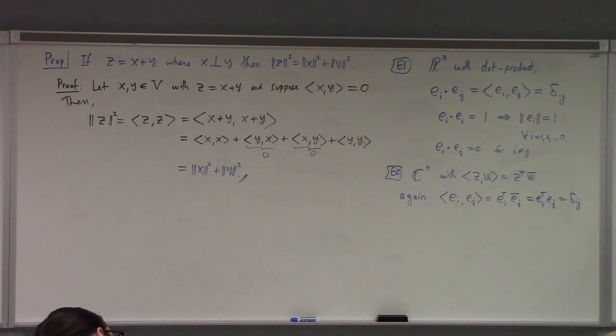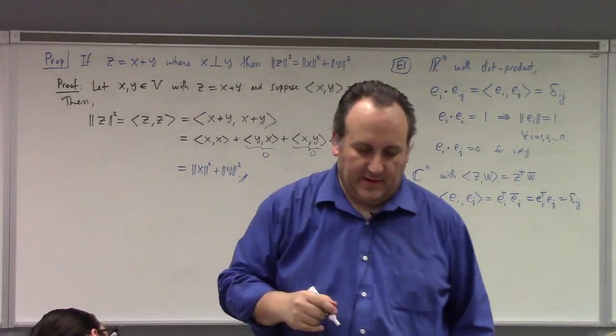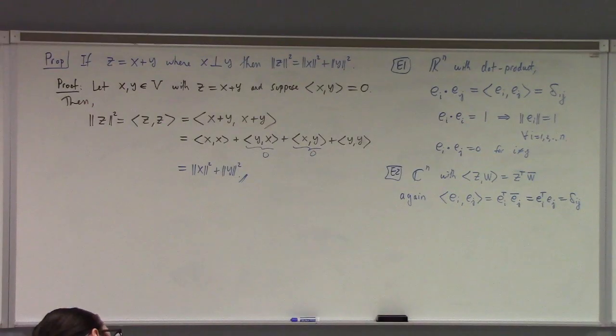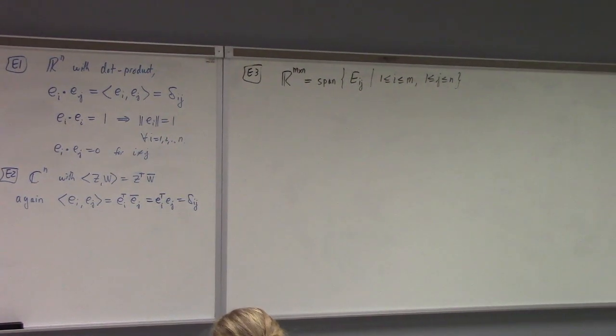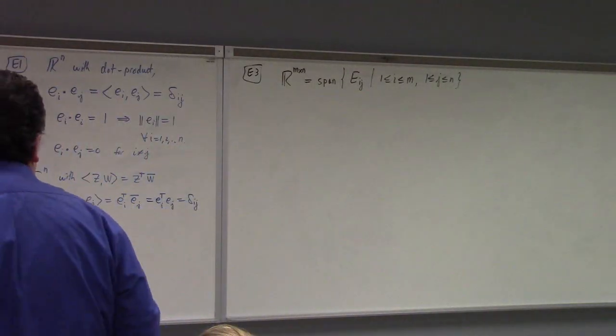The standard matrix unit basis. And I do want to think about the case that these are rectangular. So if they're rectangular, I really should probably use different letters for m versus n.